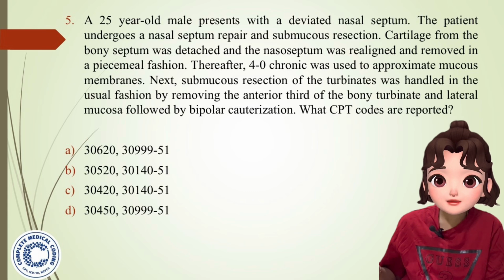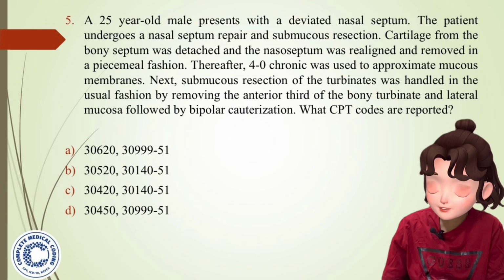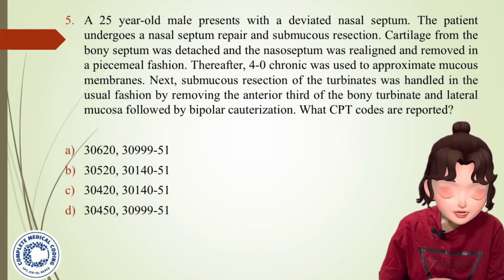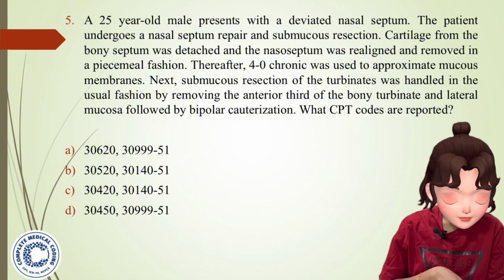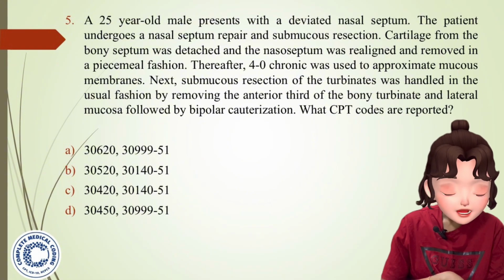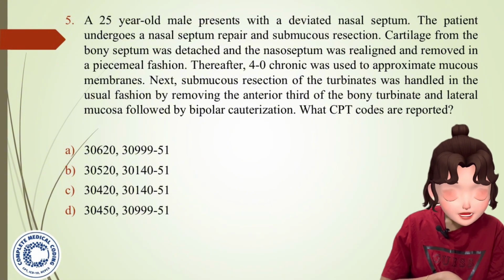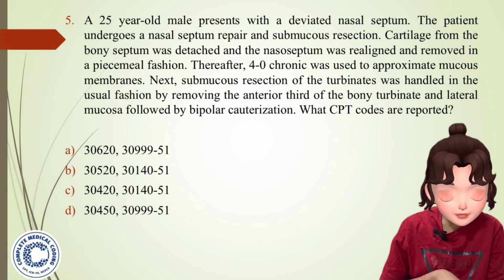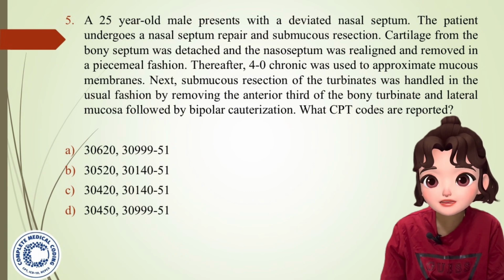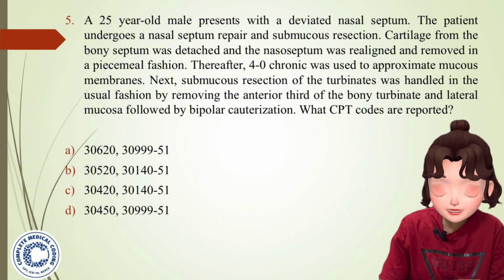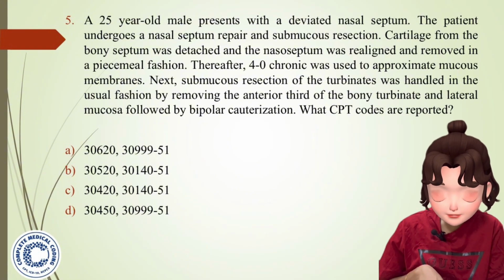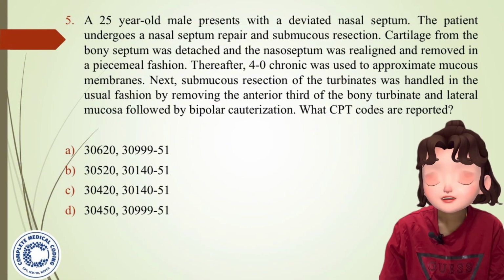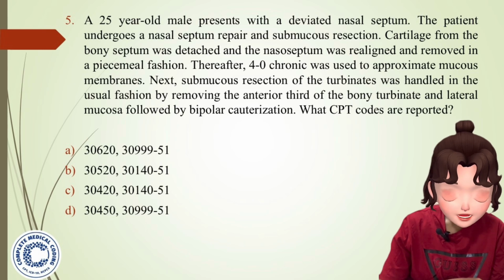What is the first CPT code? First option, 30620. 30620 is septal or other intranasal dermatoplasty, does not include obtaining graft. What is 30999? Not the understood procedure. This is not a dermatoplasty.